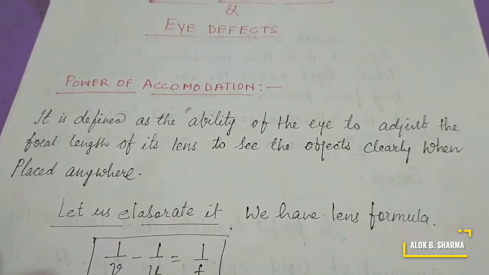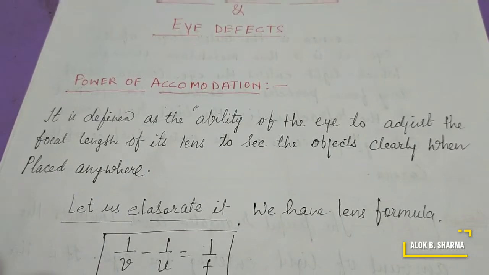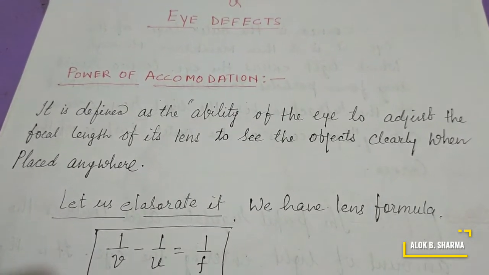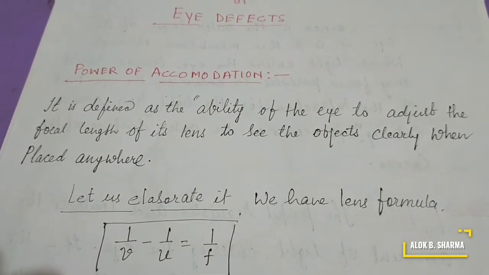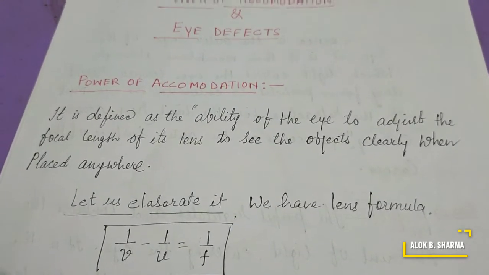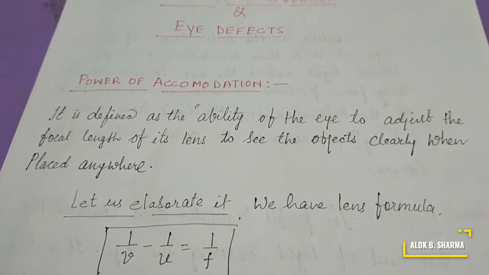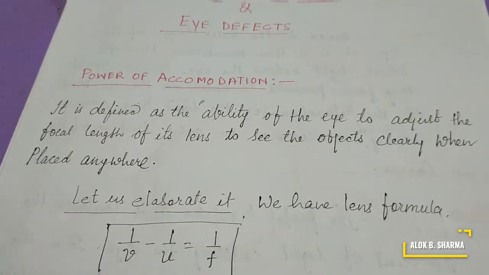This adjustment, this formation of image, is due to the capacity of the lens and ciliary muscles. Means our eye lens adjusts its focal length to form the image of different objects, which are at different distances, at the same place. Means power of accommodation is what?